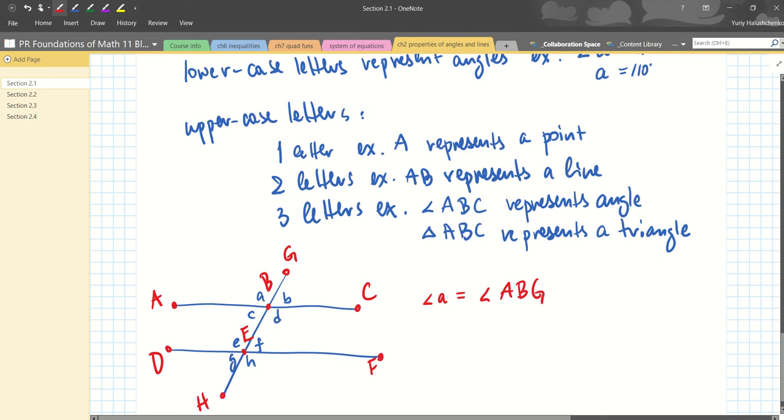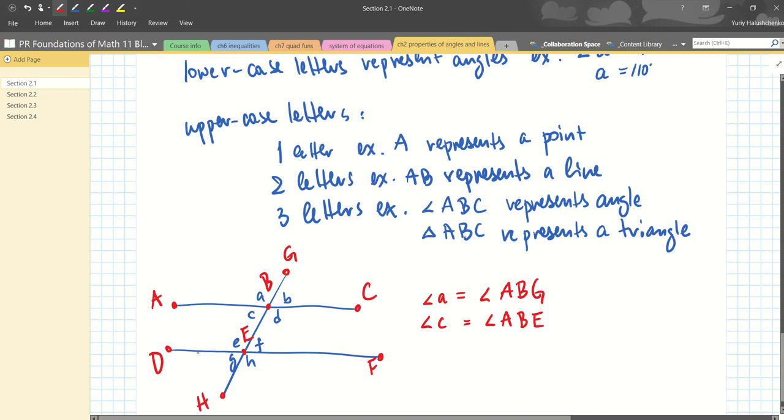If I wanted to talk about angle C, I can use 3 points and say this is the angle ABE. Notice here, because point B is right in the middle, you can't just say angle B, because you don't know which of these 4 I'm talking about. Am I talking about lowercase a, b, d, or c? But because we can use points, we're going to need 3 of them to represent the angle.